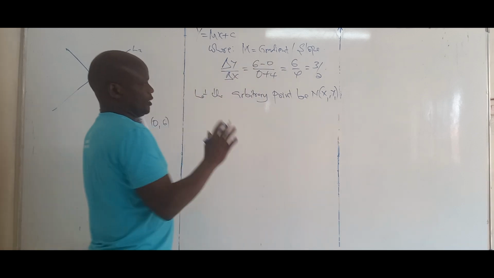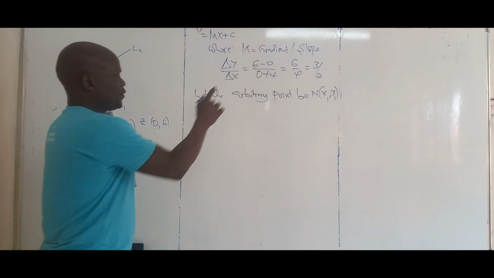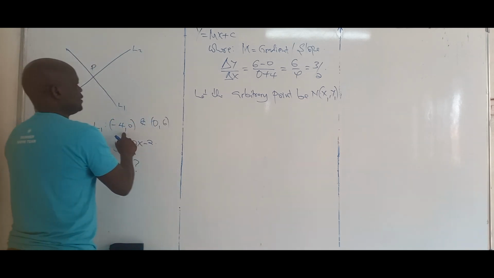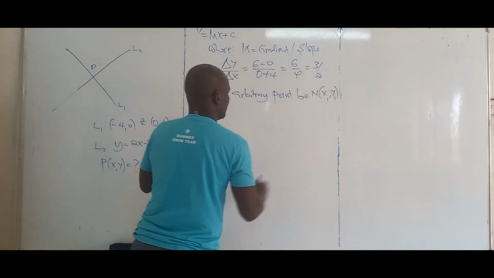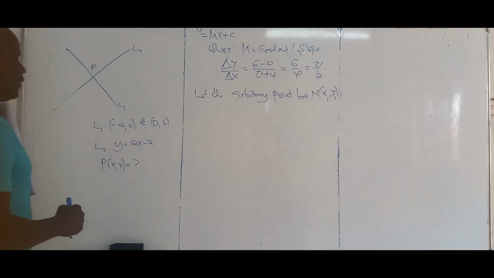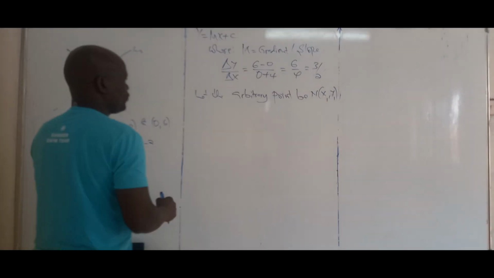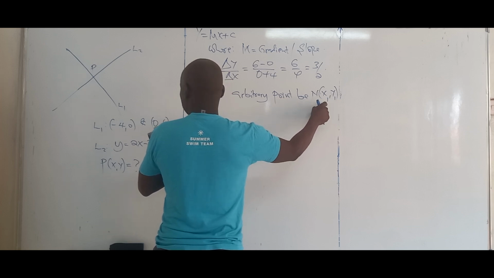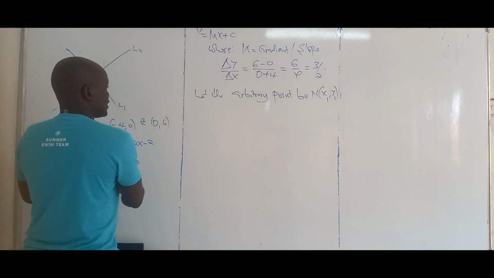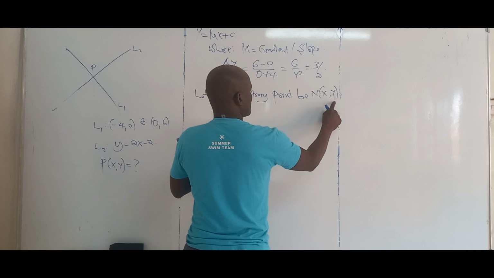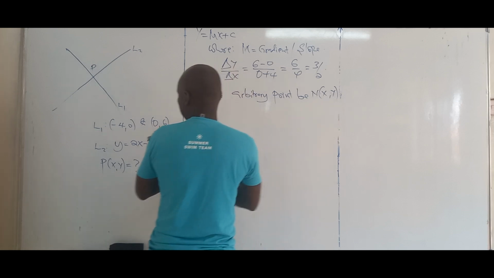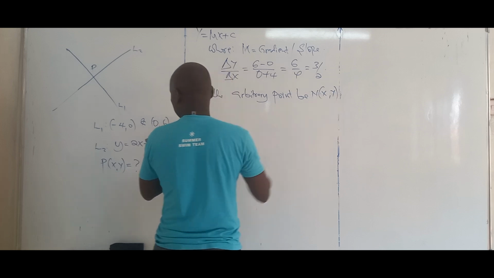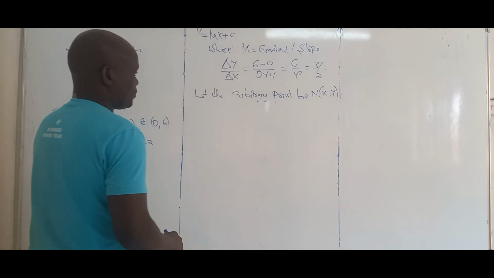That's a point anywhere along the line. So I'll be using that point, either this or that, and the gradient to define the slope. I just call it x1 to make a difference between this and this. Even if I don't put the subscript, if this is point P and this is point N, then definitely the x and y coordinates are different because they're different points.